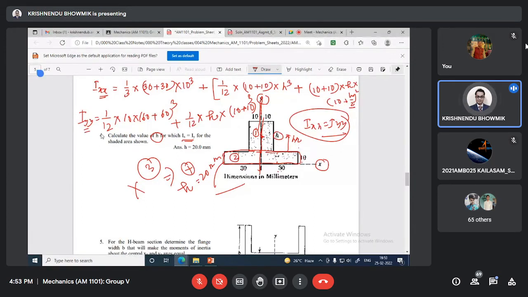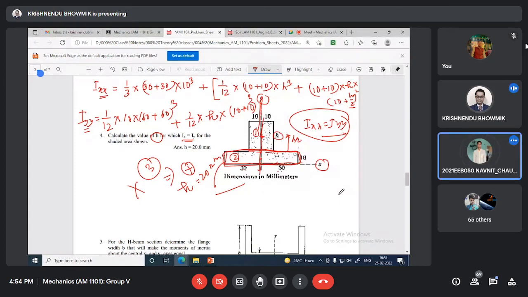For IYY, for section 2, 1 by 12 base height cube, plus this also, centroid is lying on the symmetry, 1 by 12 multiplied by base multiplied by height cube. Then equate IXX equal to IYY to get the solution. Should I repeat or is it okay?